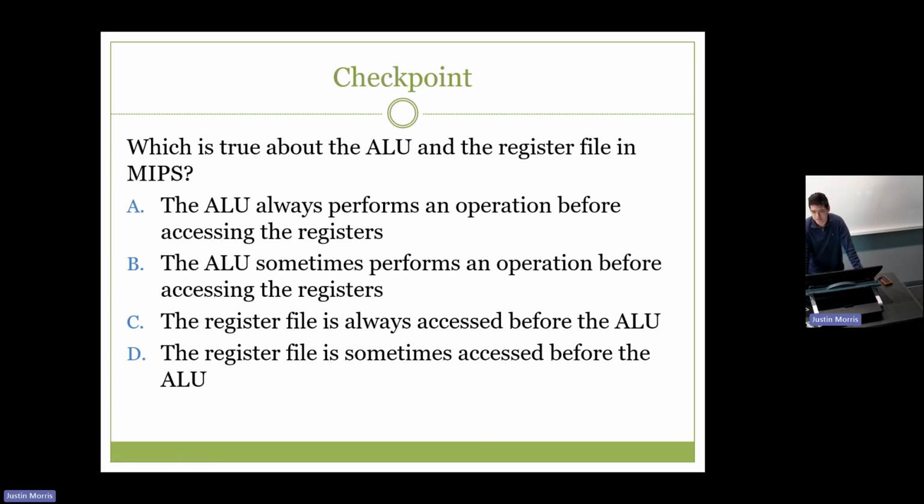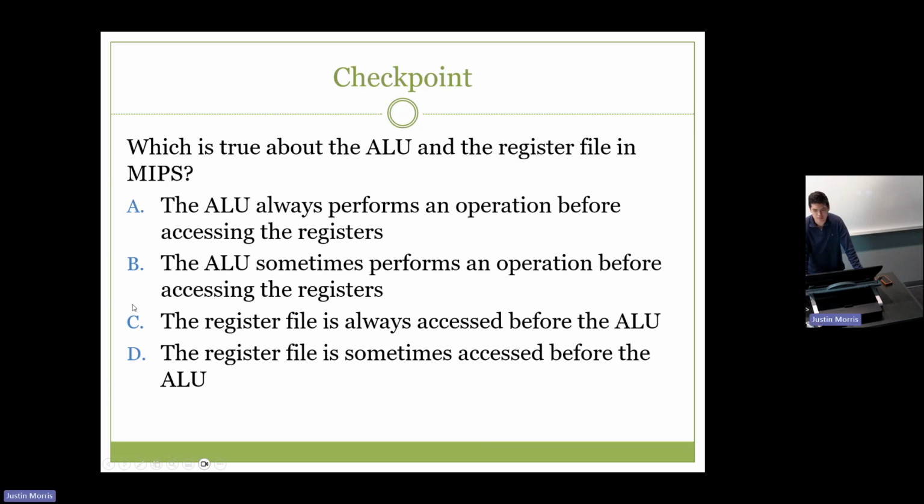I type, I need RS, RT. And for the other type of jumps, I'm just not using the ALU or the register file, so it's not incorporated here. So for our subset, the register file is always accessed before the ALU.